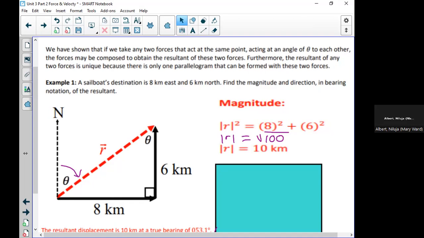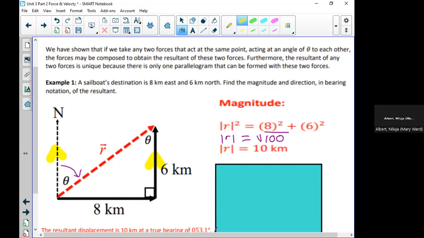So what I have drawn here is the north line, and we're trying to find this angle from the north line to the vector. So I can use my highlighting tool. Here's my highlighter. You can see that this vector, 6 kilometers, and my imaginary north line, those vectors are parallel.